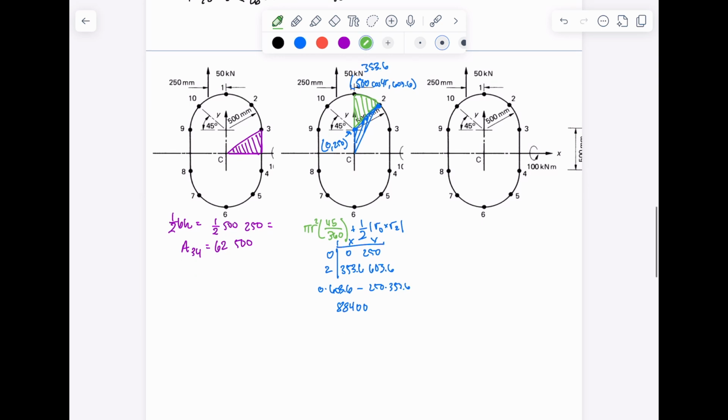And if we solve for all of this, adding the pi r squared of 45 over 360, R in this case is 500, we can solve for the area of 1 to 2 to be equal to 142,374.88.